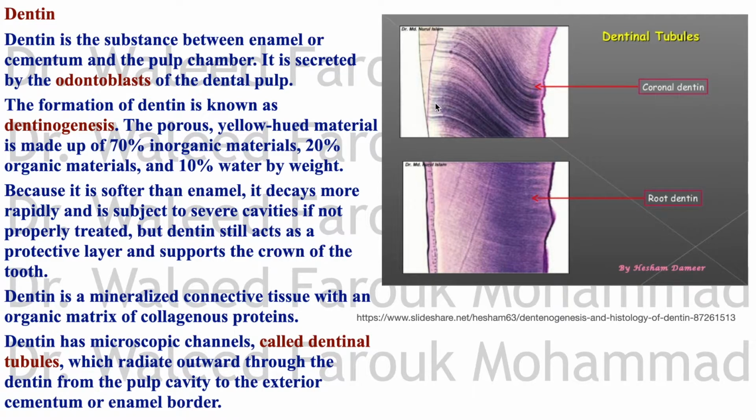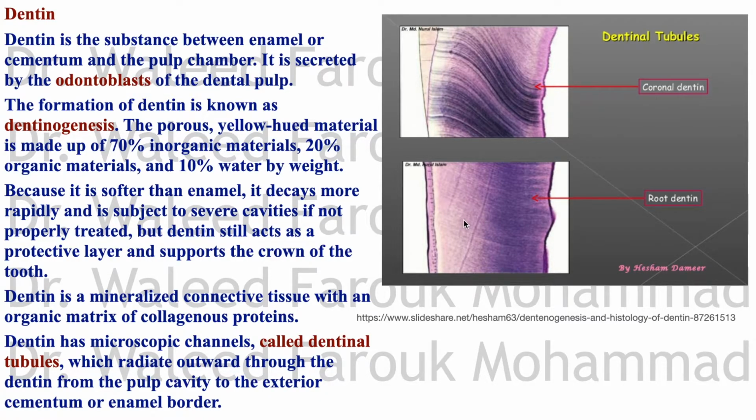Dentin, on the other hand, is the substance between the enamel and cementum and the pulp chamber. It's secreted by odontoblasts present at the edge between the dentin and the pulp chamber. Formation of dentin is called dentinogenesis.